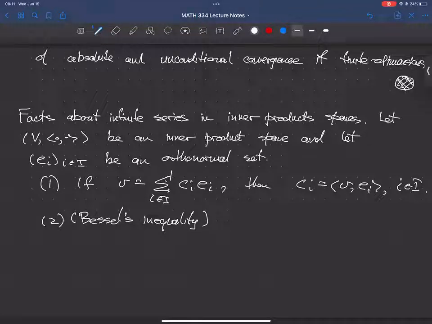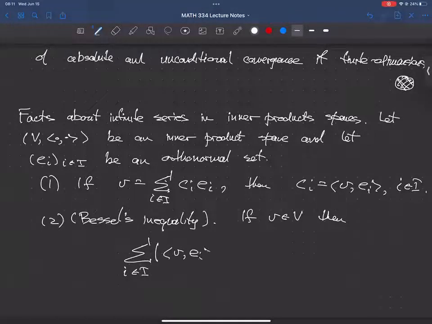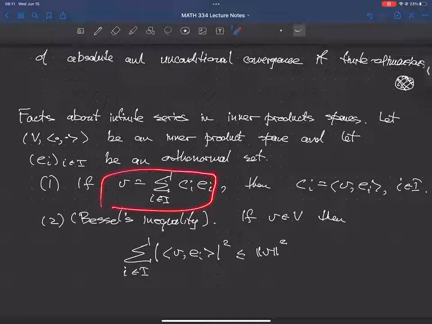It says this: if v is in V, then, no matter what, the sum of the squared inner products is at most the squared norm of v. I'm not, for example, requiring this hold. I'm just taking any v and any orthonormal set.